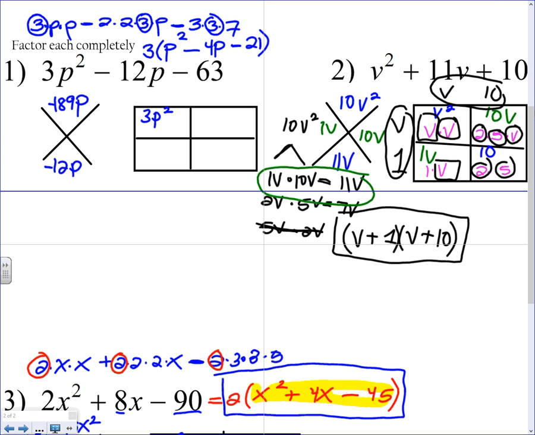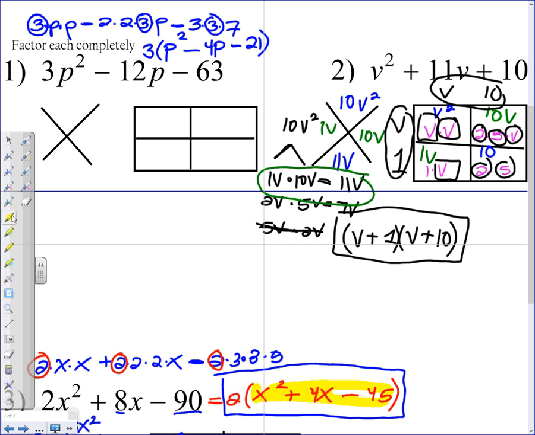So now I'm going to get rid of these numbers because they were way too big. So what I'm going to do is the following. The first term multiplied by the last term, and I'm applying it to this trinomial. So forget about the 3. We don't have to worry about the 3.